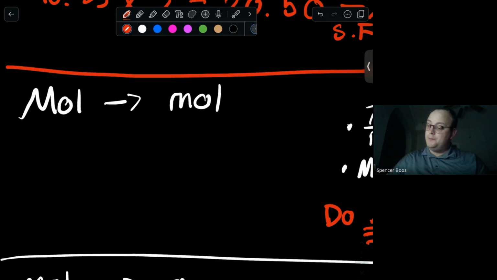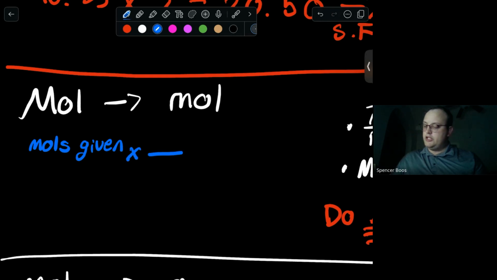For mole to mole, this is the easiest of your four possible variations. You have your given amount in moles of your given, and you multiply this by the mole ratio of your given on the bottom and your want on the top.